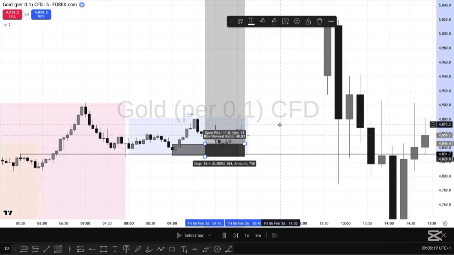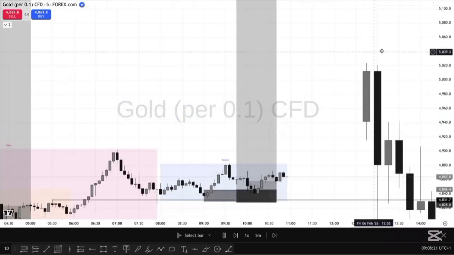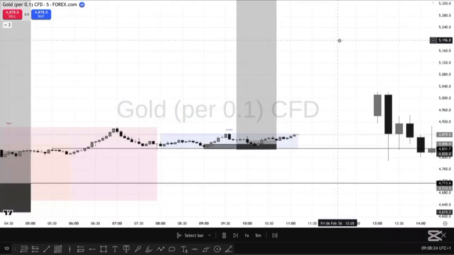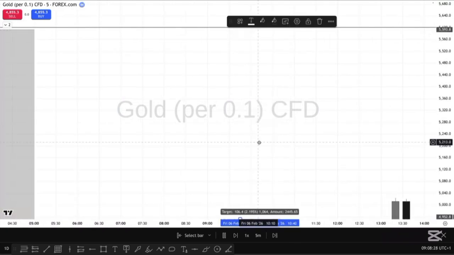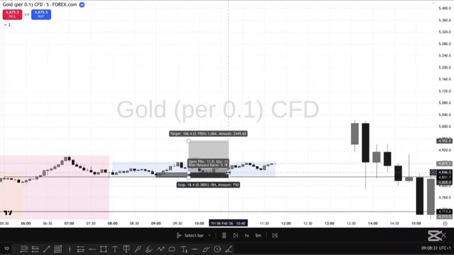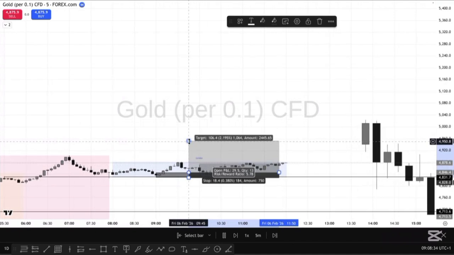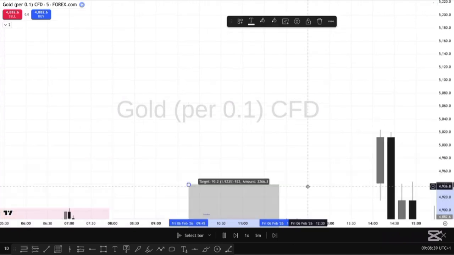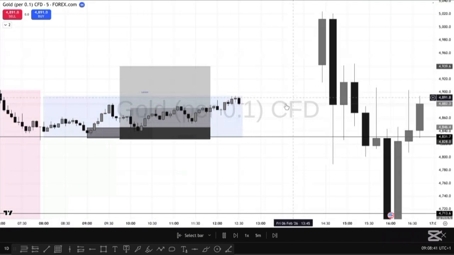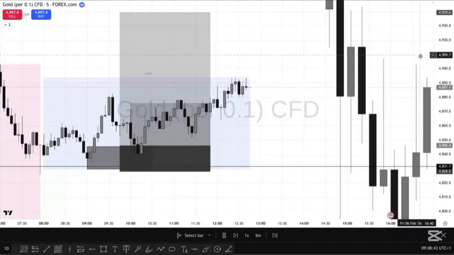But for this entry, I did not hold it for long. I closed it on one of my accounts at 1:5. I took this as a day trade, something to close the week with. I closed this setup at around 1:5 because I saw opportunities for a third entry, which I will show you guys in a bit.